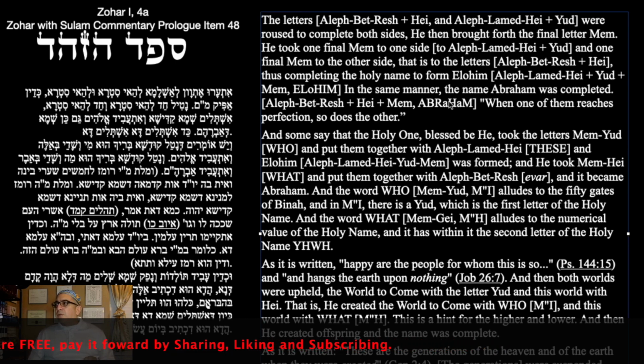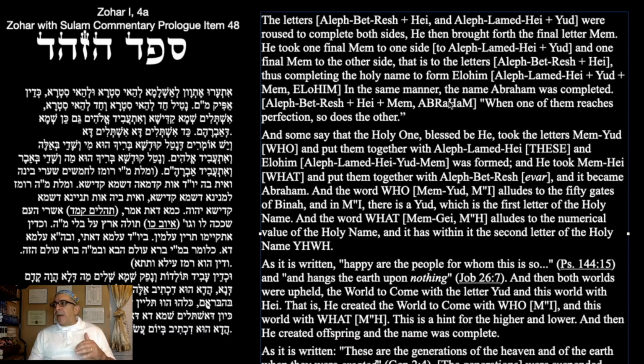He then brought forth the final letter Mem. He took one final Mem to one side, to Aleph, Lamed, Hey, and Yod, in order to complete Elohim, and one final Mem to the other side, that is the letter Aleph, Bet, Resh, and Hey, which completes the word basically Abraham.